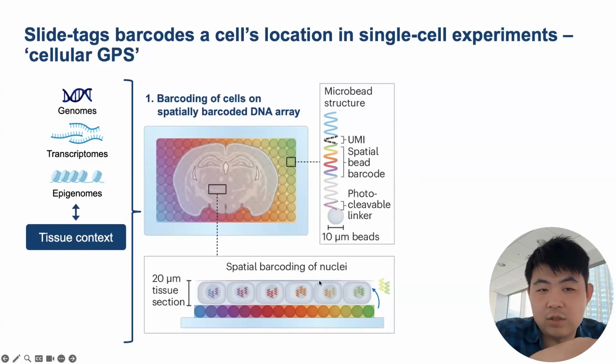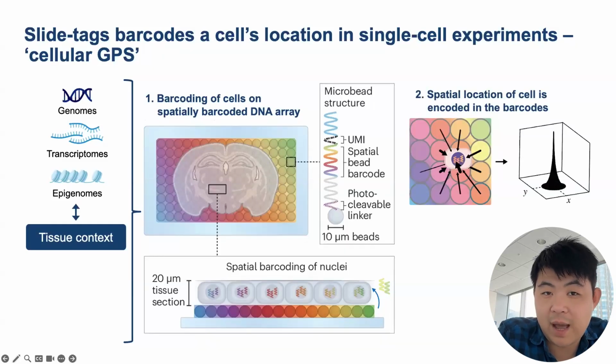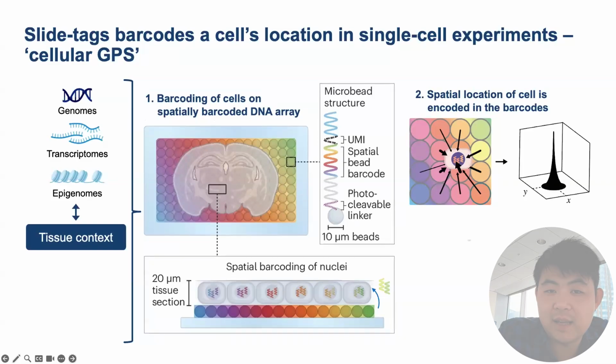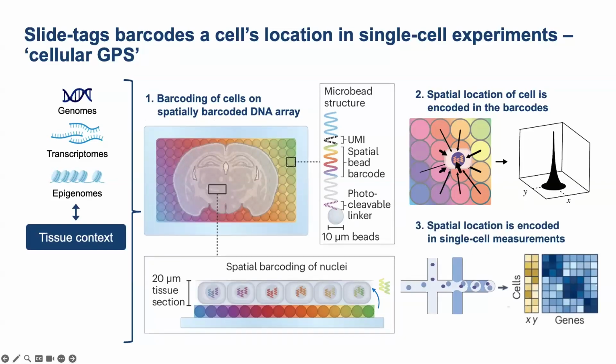You take section frozen tissue onto the array, and then we photocleave these barcodes, and then they can diffuse into the nuclei. And then when sequencing is performed, each cell picks up the barcodes from nearby beads, and this reveals the spatial origin of each cell, essentially acting like a GPS for cells. And this allows single cell measurements to have all of the spatial information.